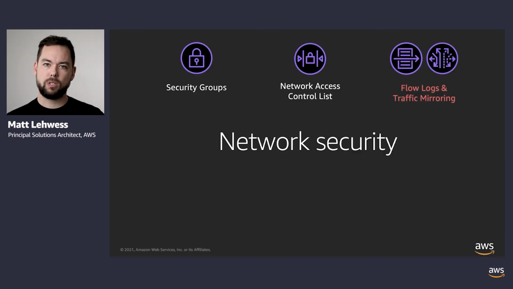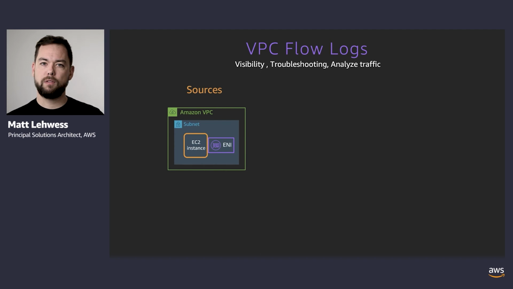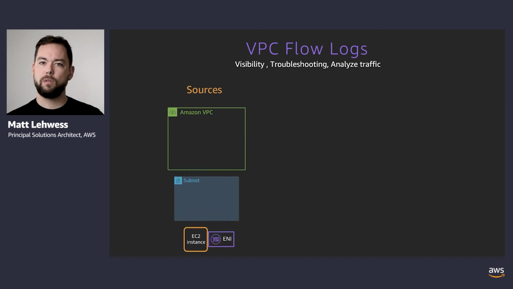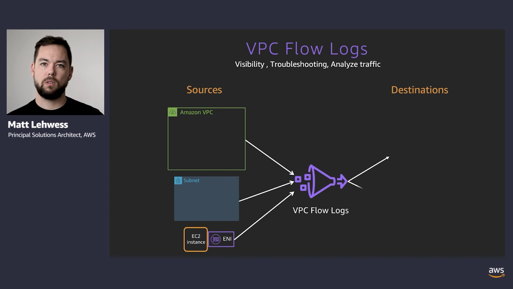Okay, lastly here on network security, we've got flow logs and traffic mirroring, which give you visibility into the traffic traversing your VPC. If we start with flow logs, there's a couple of different sources here. We've got the VPC, we've got the subnet, and we've got the EC2 instance, or the ENI itself. We can basically take metadata for those sources and send them to different destinations.